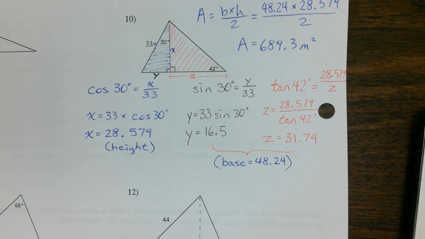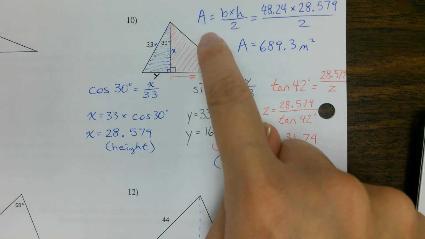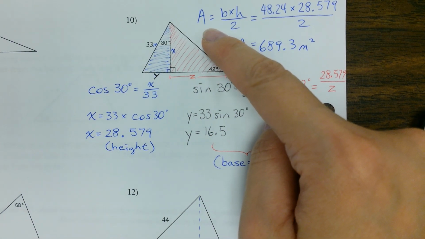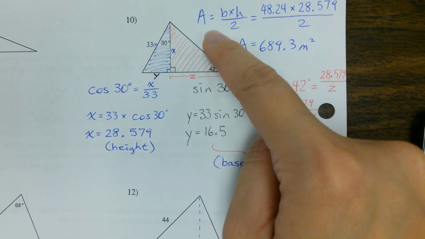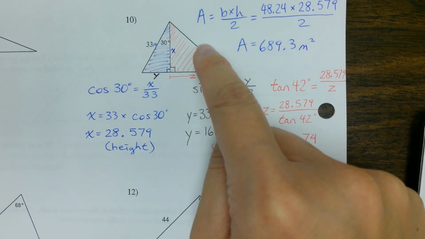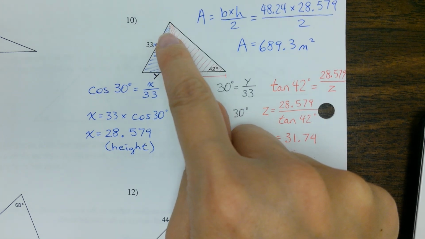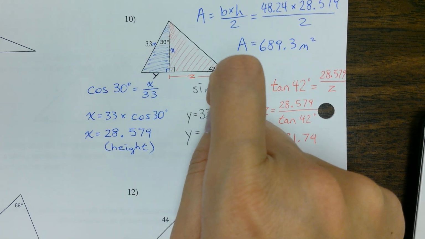Yeah. But you use sine law to solve for which side? The second one. This one? Yeah. And then I found the angle between the two hypotenuses, using the other two hypotenuses.